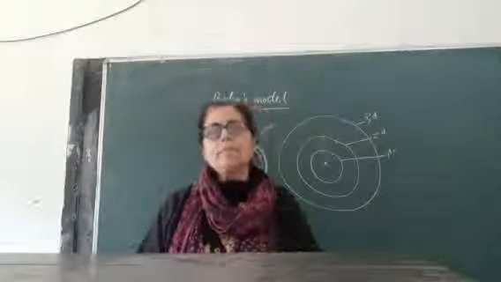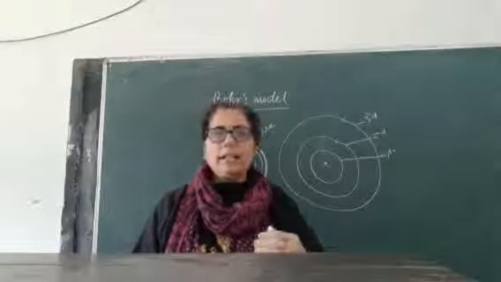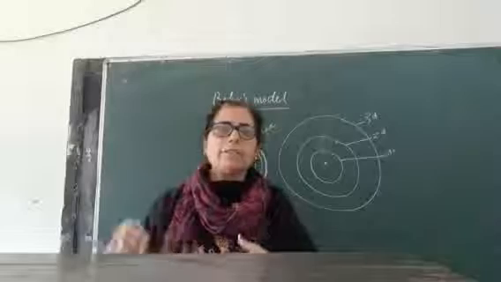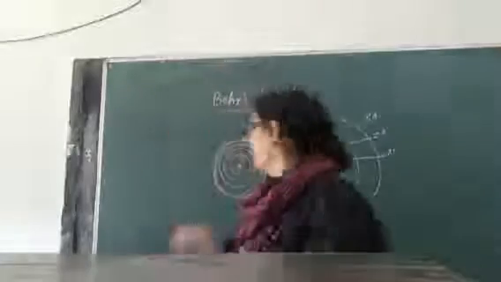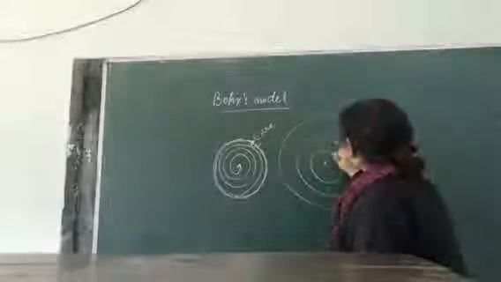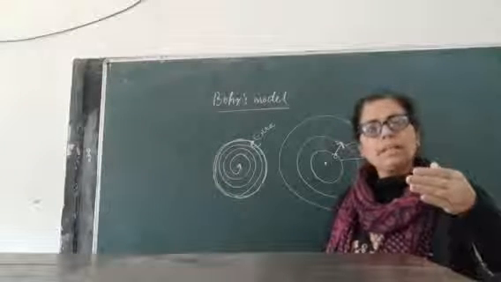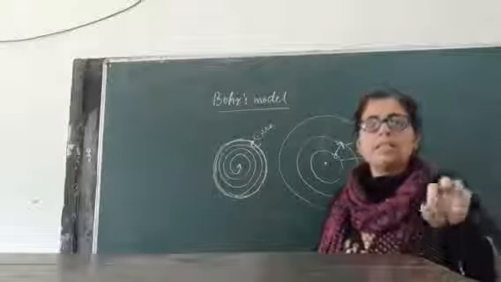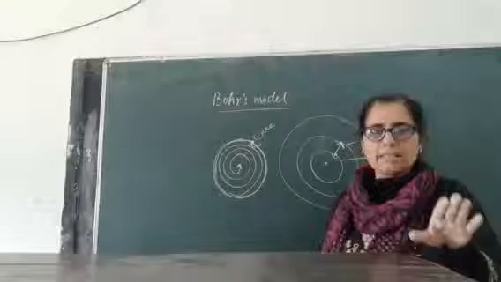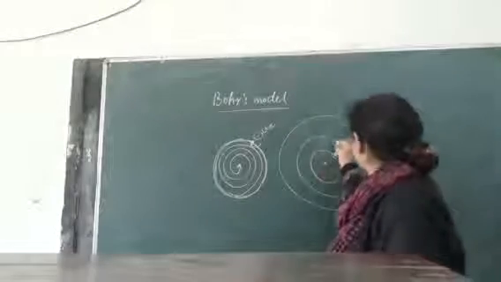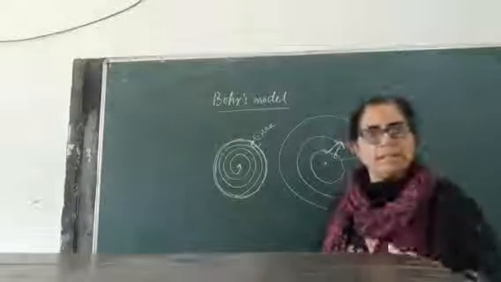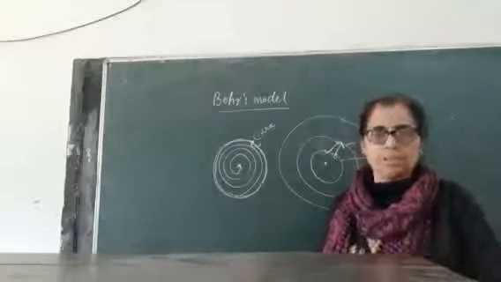But sometimes, if an atom takes energy from some external source, then an electron may jump to a higher energy level. After moving to the higher energy level, that electron does not remain stable there and tries to come back to its lower energy level, its original shell.